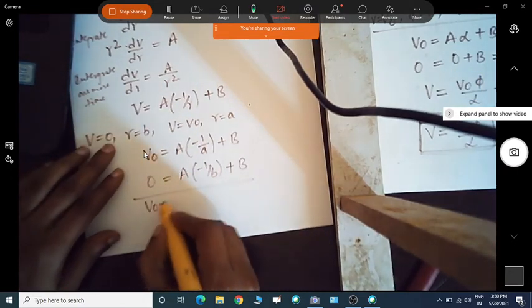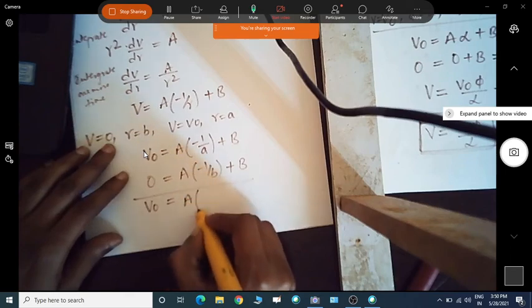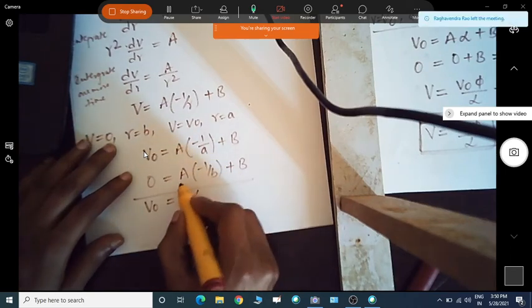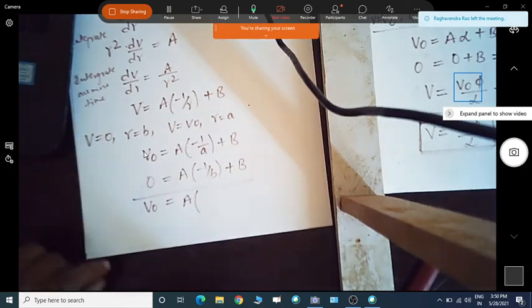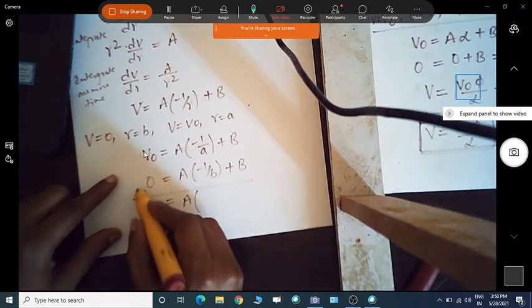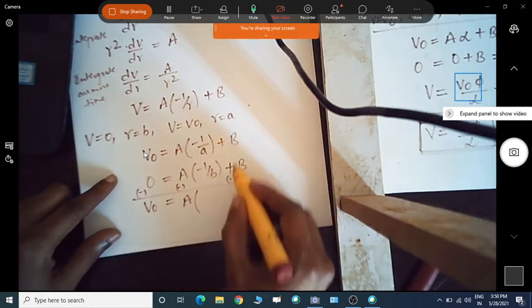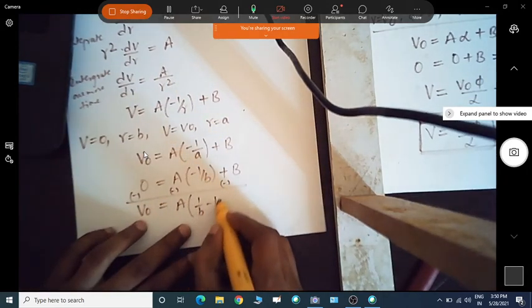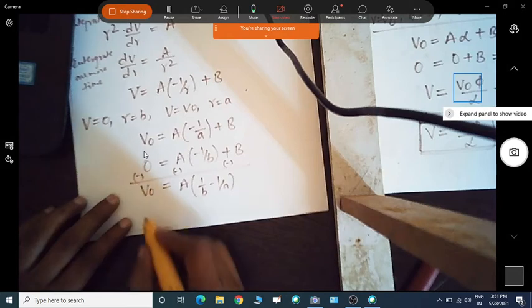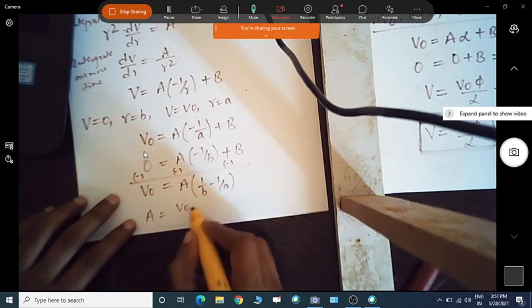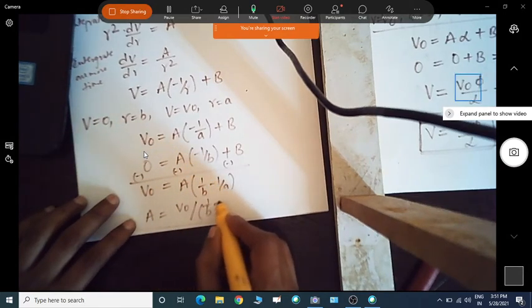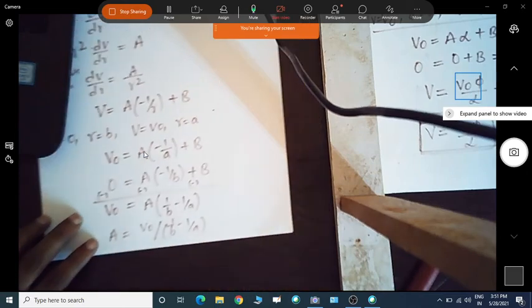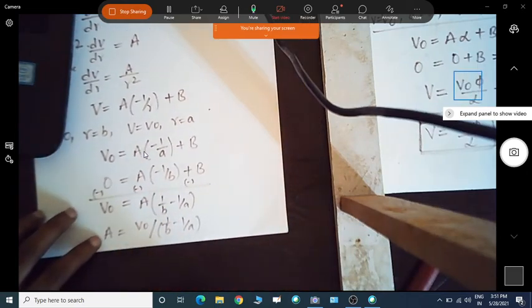So V naught equals a into (1 over b minus 1 over a) after subtracting, so the b term gets cancelled. So a is nothing but V naught by (1 over b minus 1 over a). This is the constant of integration a.